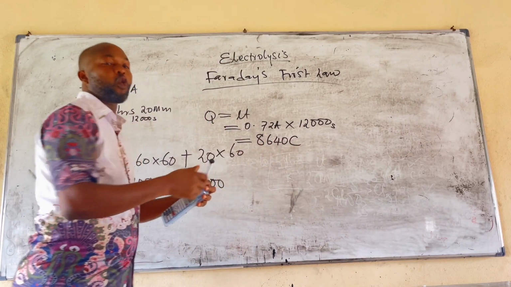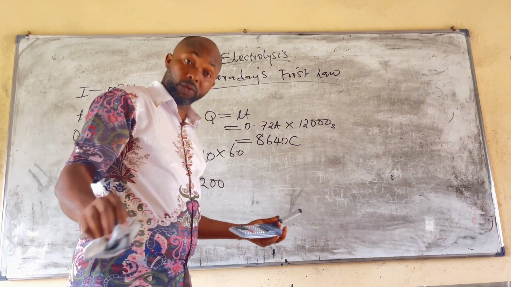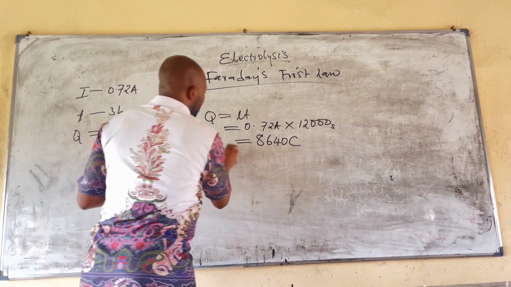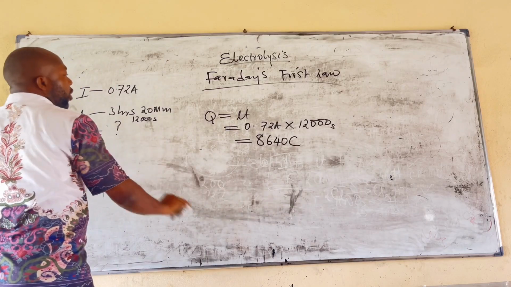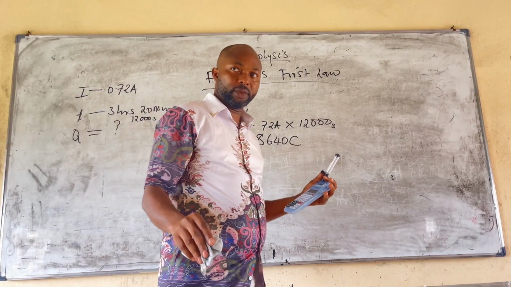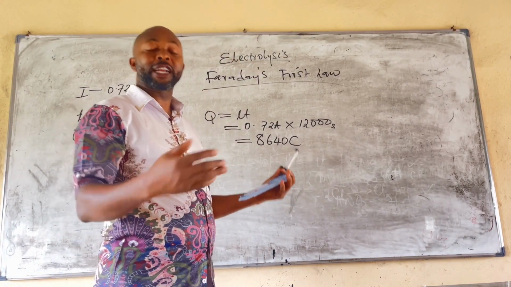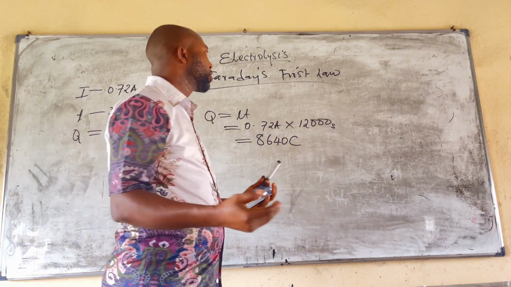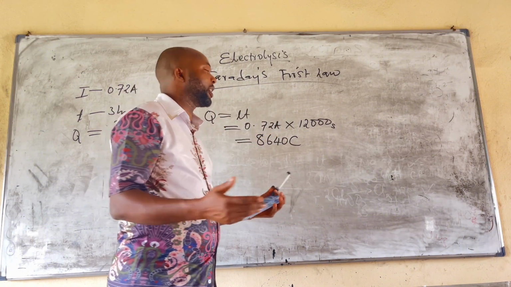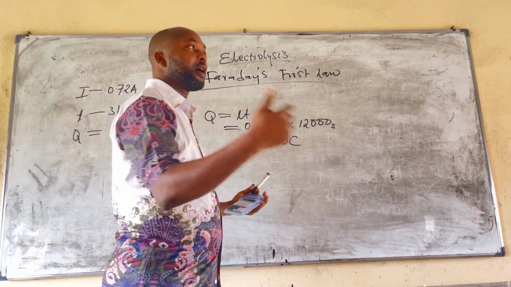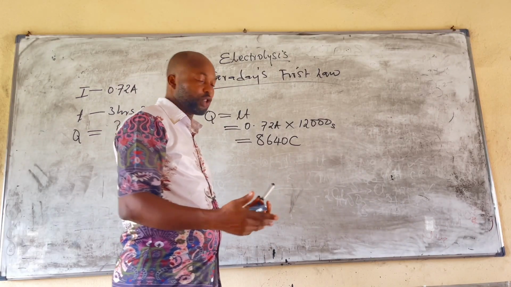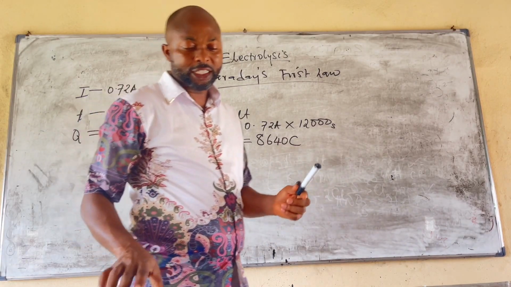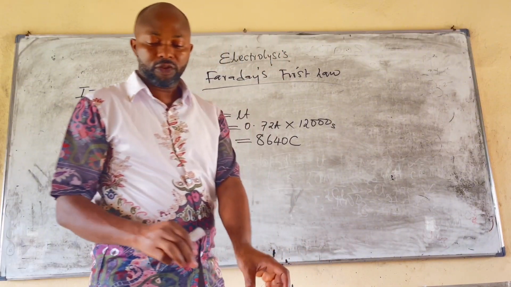The unit for quantity is coulomb. Take note. The unit for quantity is coulomb, which is the same unit as Faraday. So when we'll be dealing with Faraday, we should know that wherever we see coulomb, we can use them to be the same thing. So we shouldn't confuse ourselves with that. Let's take our second question from the first law.